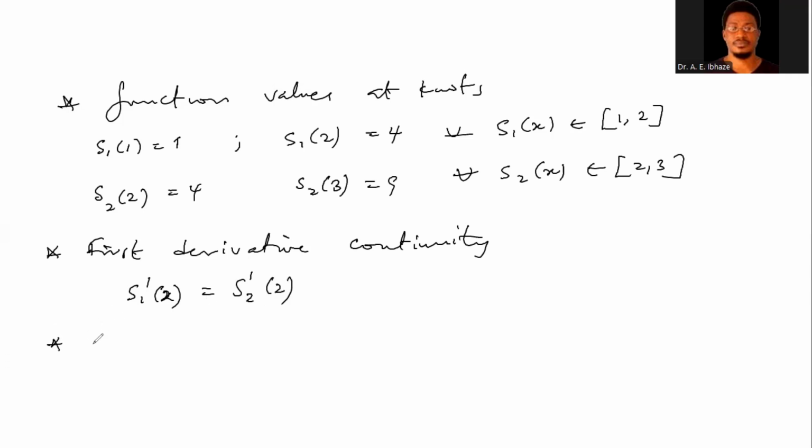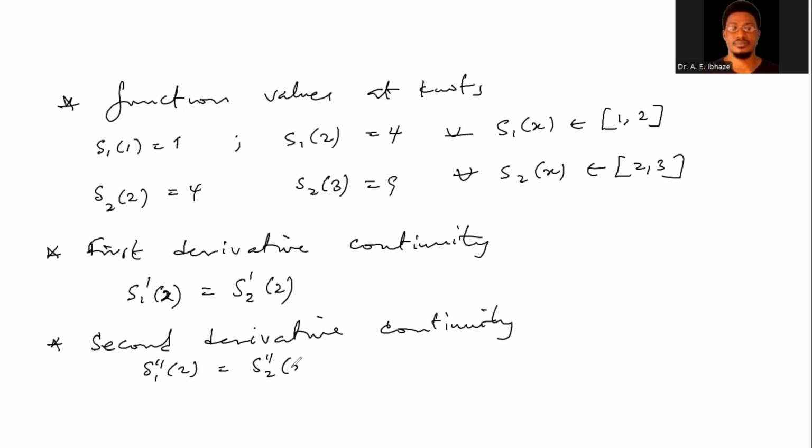And then we'll also consider the second derivative continuity, such that the second derivative of s1 of 2 should be the same as the second derivative of s2 of 2, because that is the transition point.